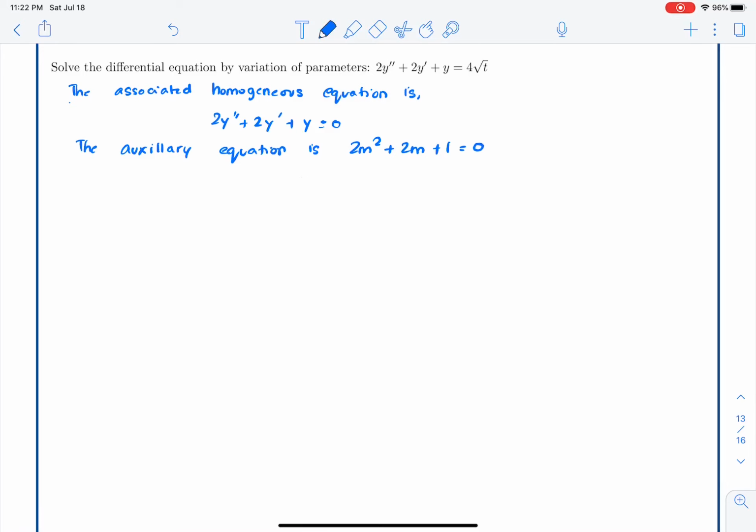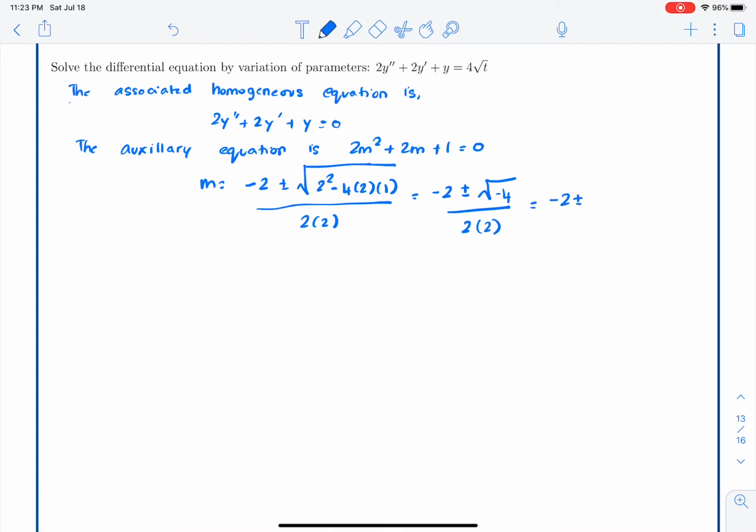Let's do the quadratic formula. m would be equal to minus b plus or minus the square root of b squared minus 4ac, divided by 2a: minus 2 plus or minus the square root of negative 4 over 2 times 2, which is minus 2 plus or minus 2i over 2 times 2, which would give us minus 1 over 2 plus or minus i over 2, which would imply alpha is minus 1 over 2, beta is 1 over 2.